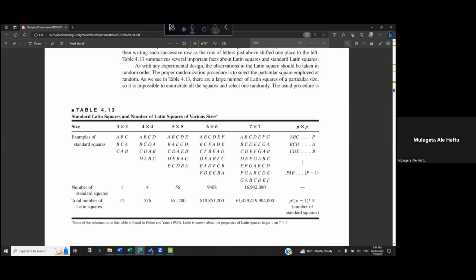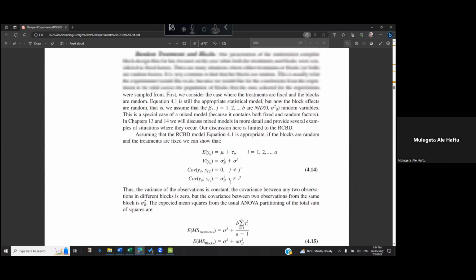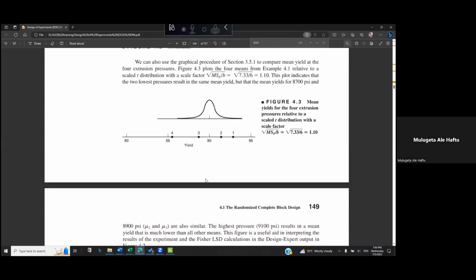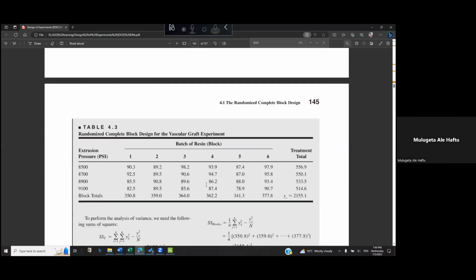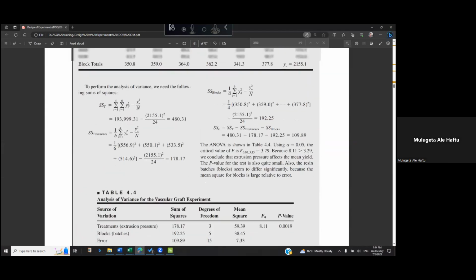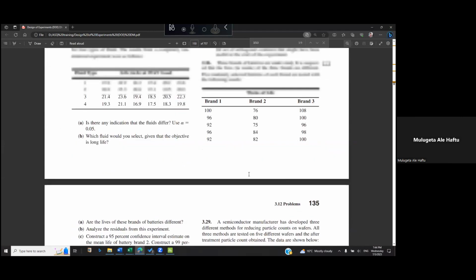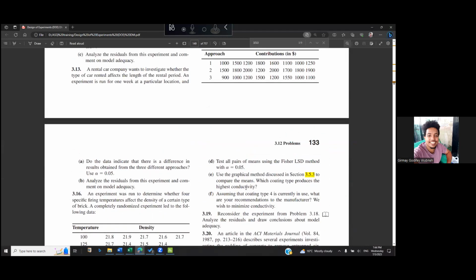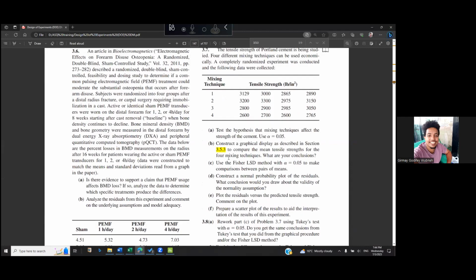Okay, so I think 3.7. Construct graphical display as described in section 3.5.3 and compare them in tensile strength.